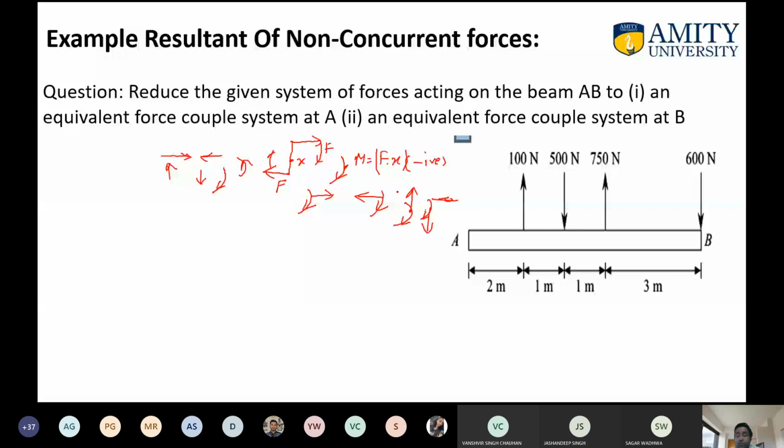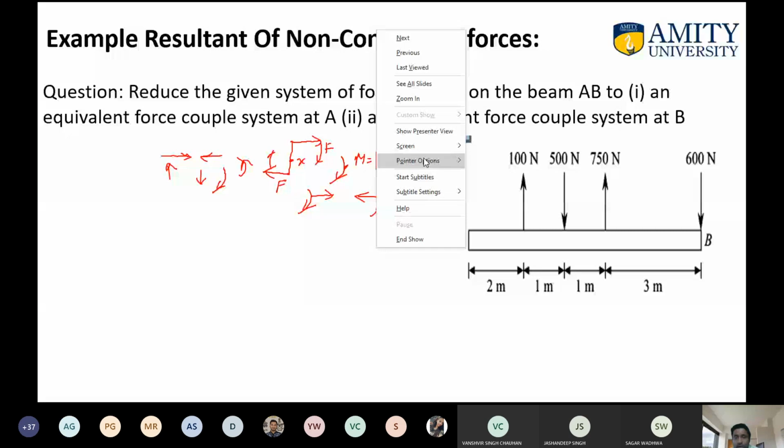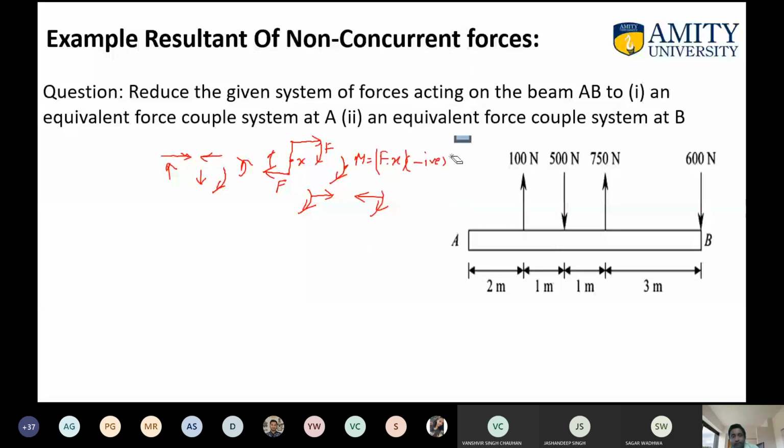So can you do this problem now? Try to do it, otherwise I will tell you. Very simple problem.